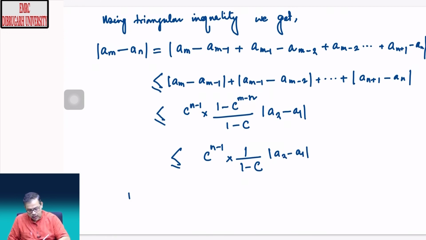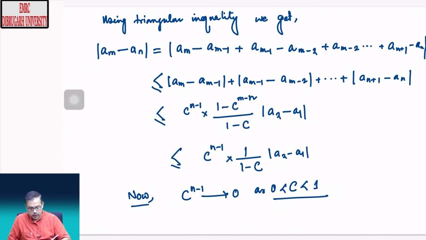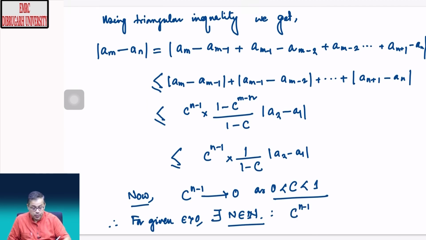Right. Now, C^{n-1} tends to 0 as C is lying between 0 and 1. Thus, for given epsilon greater than 0, there exists N in the set of natural numbers such that C^{n-1} is less than epsilon for all n greater than or equal to N.